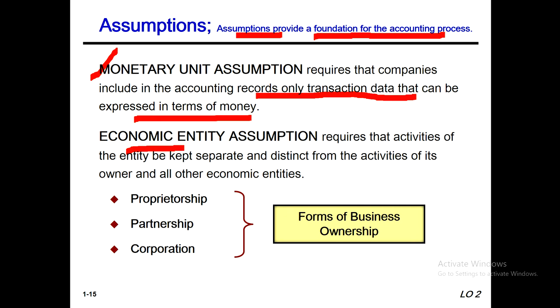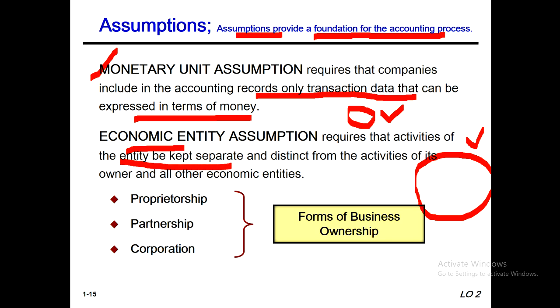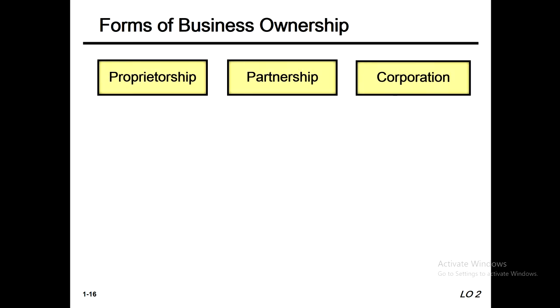And economic entity assumption: this is the owner and this is the organization. The entity must be kept separate or distinct from the activities of its owner and other economic entities. On the basis of ownership, we have three types of business ownership: proprietorship, partnership and corporation. Now we discuss them.